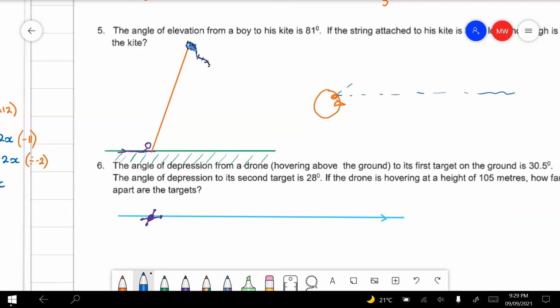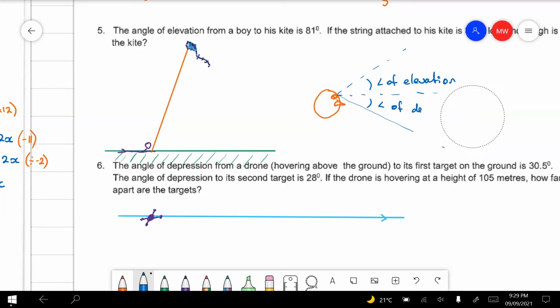If you need to look up, this is called an angle of elevation, and if you look down, this is an angle of depression. So in other words, it's the angle off the horizon.